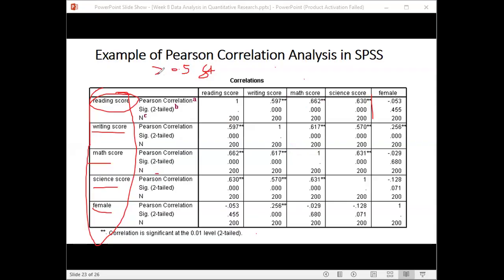If it is less than 0.5, it's a weak correlation. If it is exactly 0.5, it is a moderate correlation.